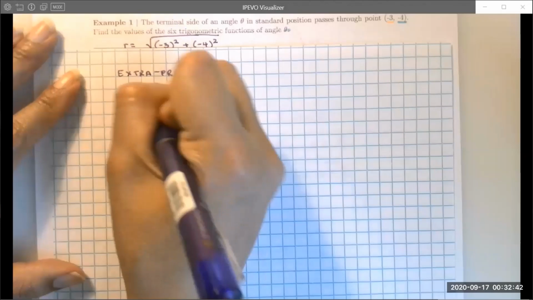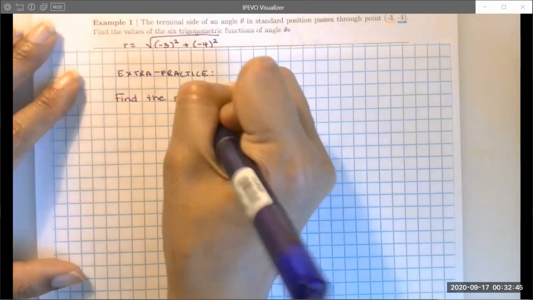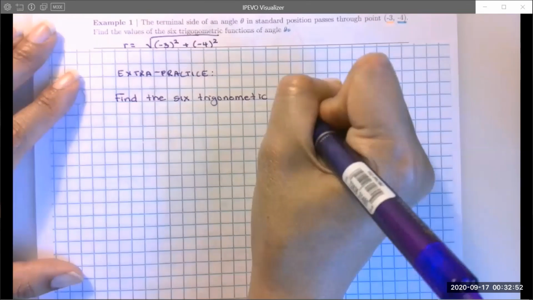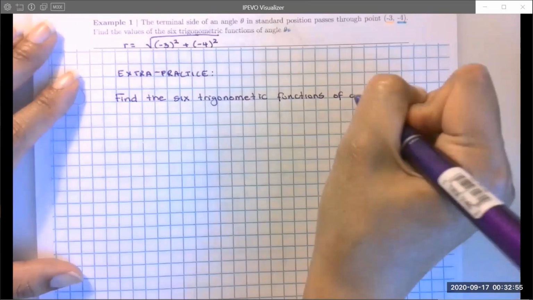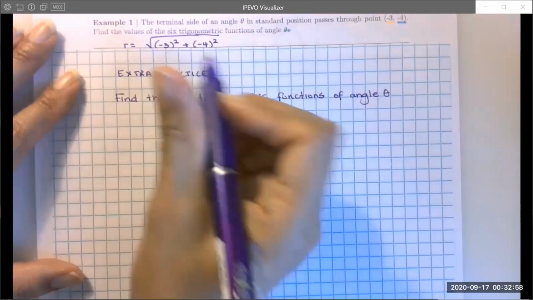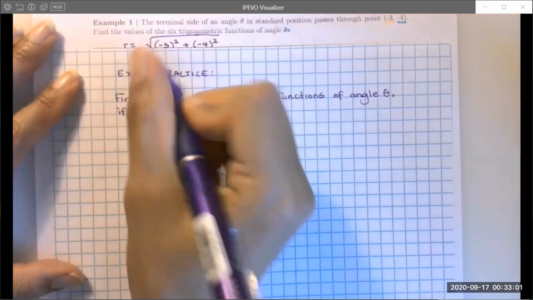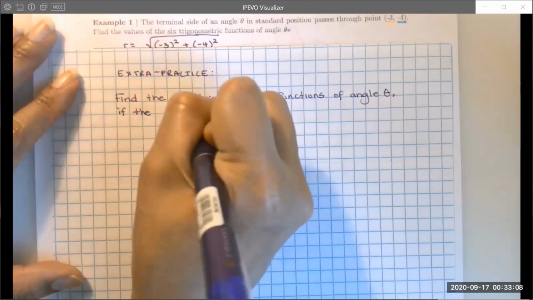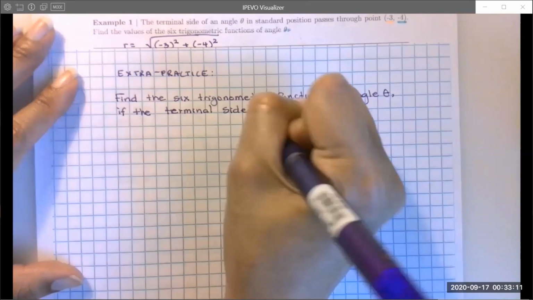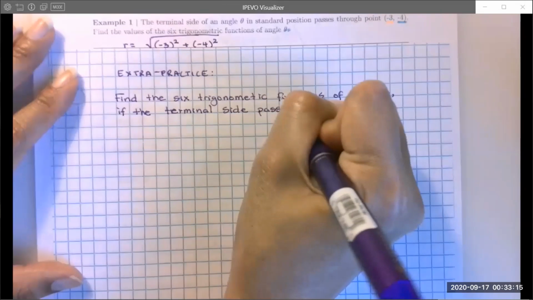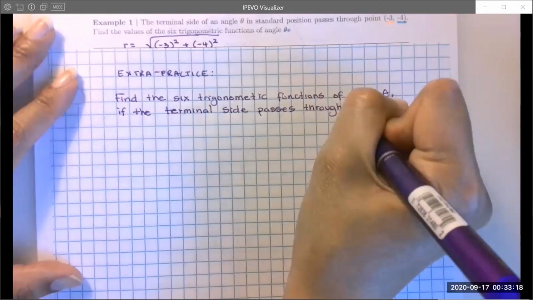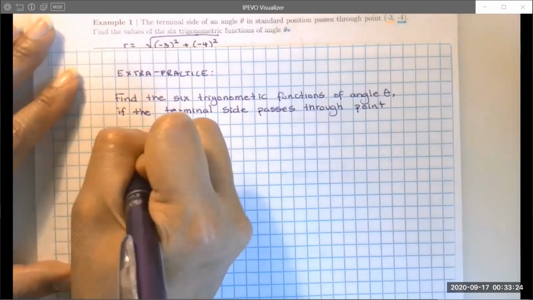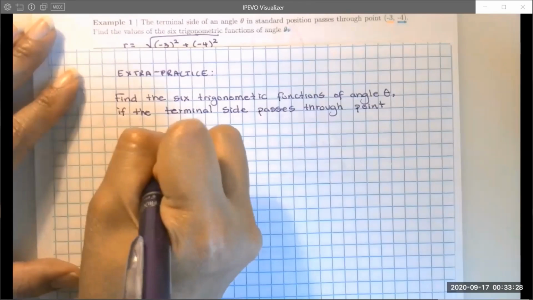So find the 6 trigonometric functions of angle theta if the terminal side passes through the point, let's say -12, 5.